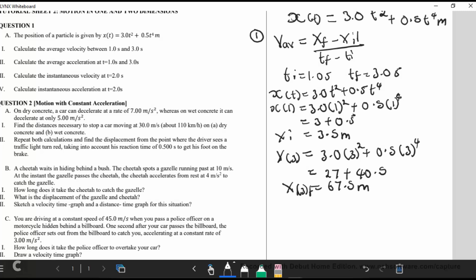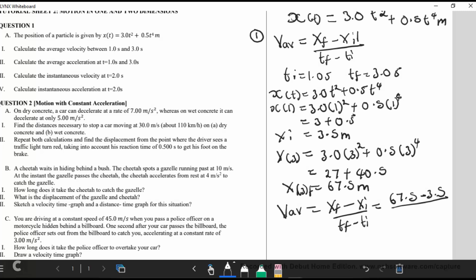displacement. So now after that, we can calculate the average velocity, which is the change in displacement over the change in time. So what's the final? The final is 67.5 minus what's the initial? It is 3.5 over what?